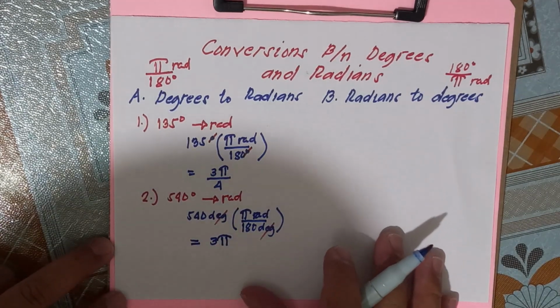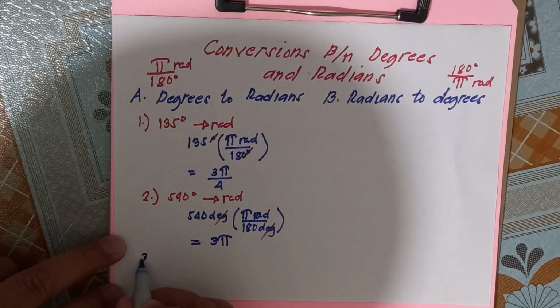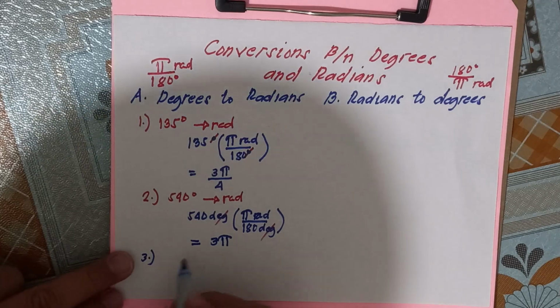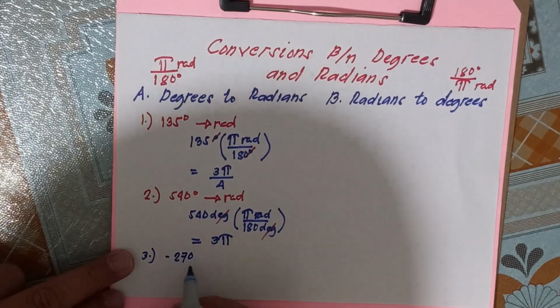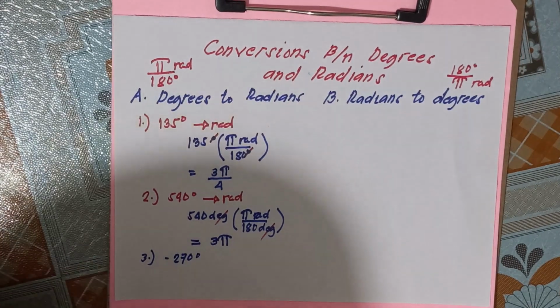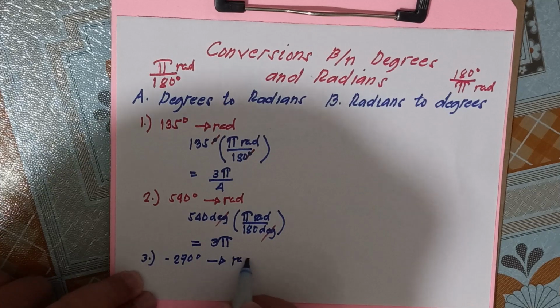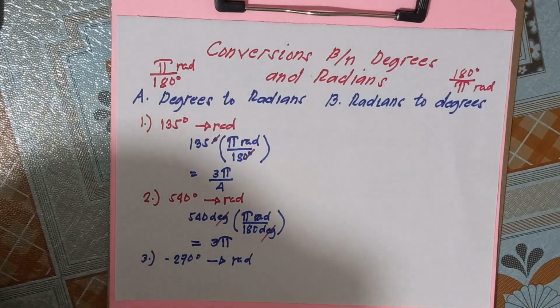Now what about if the degree is negative? Let's say number 3 example, negative 270 degrees. We will convert this one again into radian. Same procedure.